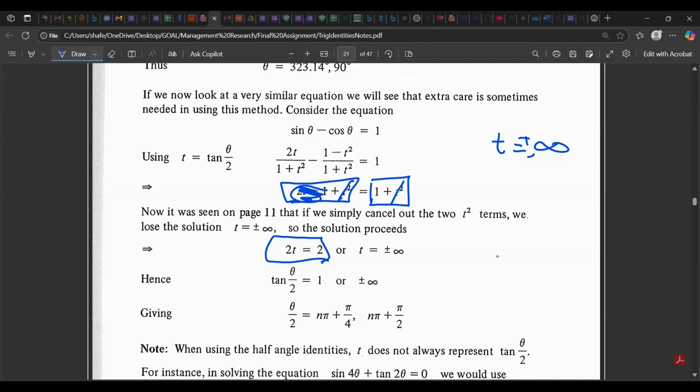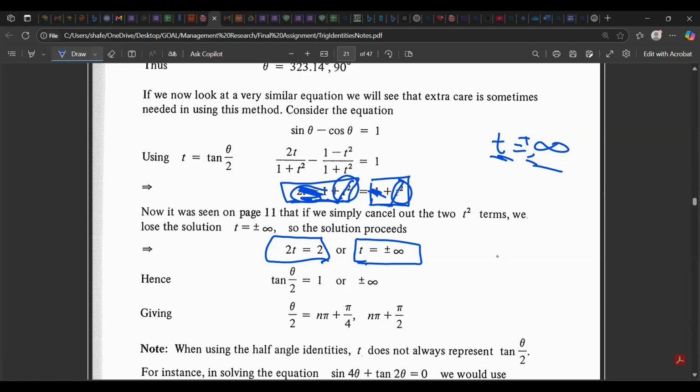2t minus 1 and this 1 wouldn't be significant, right? The t squared is a dominant term, and this side will be equal, or approximately equal, to that side if t is positive or negative infinity, and that's why you have this here as a solution.